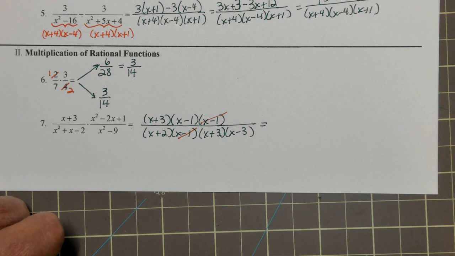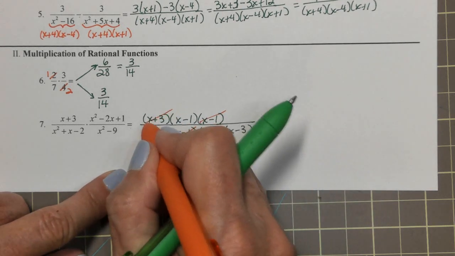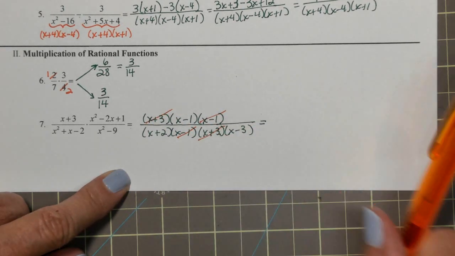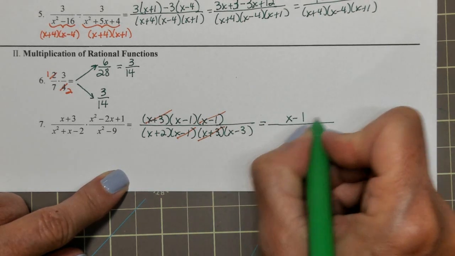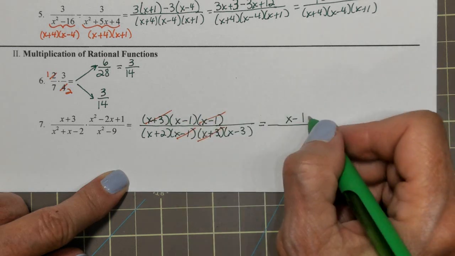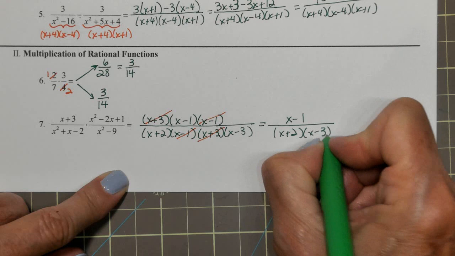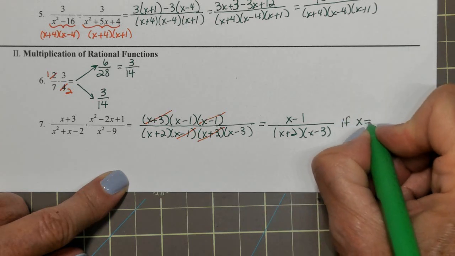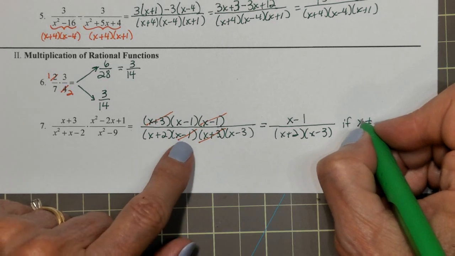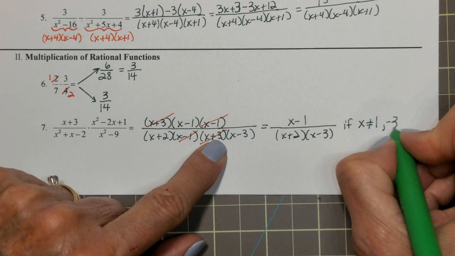Yes, we're going to reduce, but we need to make a qualification when we do reduce. We're reducing out the x minus 1s. We are reducing out the x plus 3s. I am left with x minus 1 in the numerator. I don't need parentheses because it's the only thing up there. And x plus 2 and an x minus 3 in the denominator if x is not equal to 1 or negative 3.